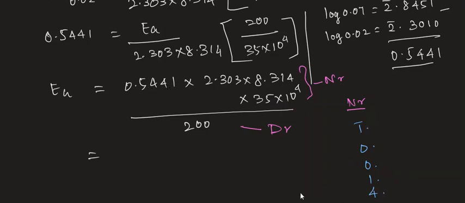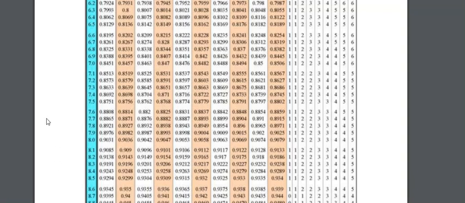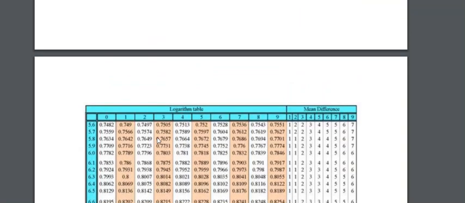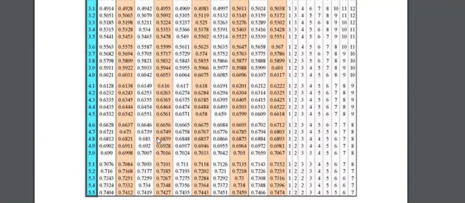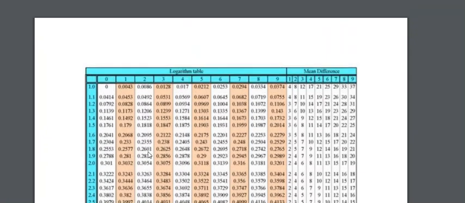5441. So what is the logarithm of 5441? Just check it here. 54 and 41, that is this one. In 4 and mean digit 1, mean difference 1.